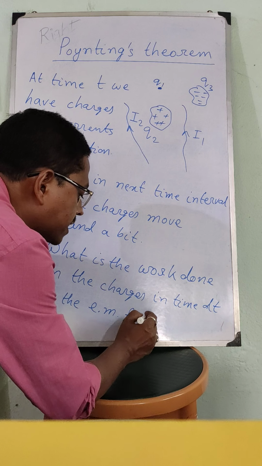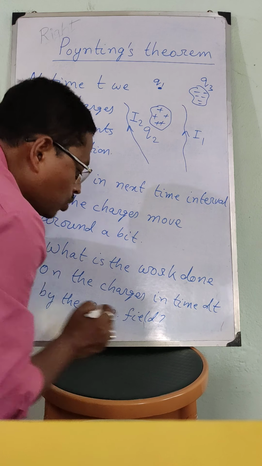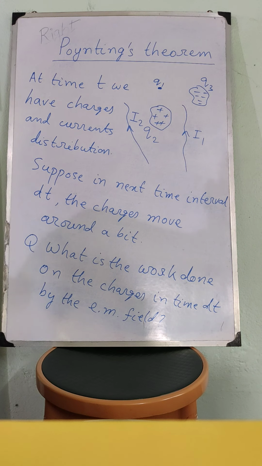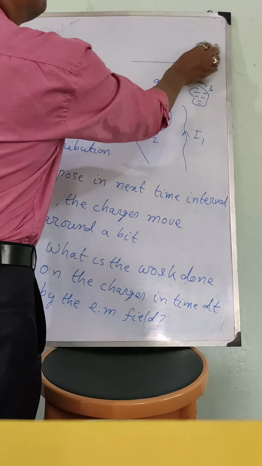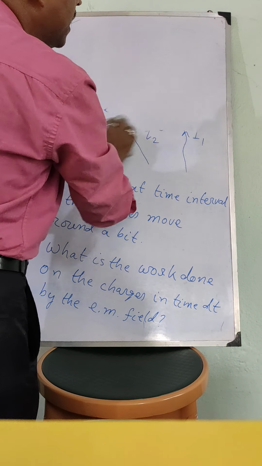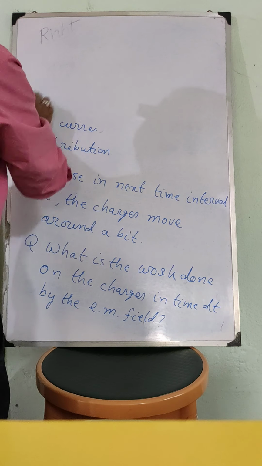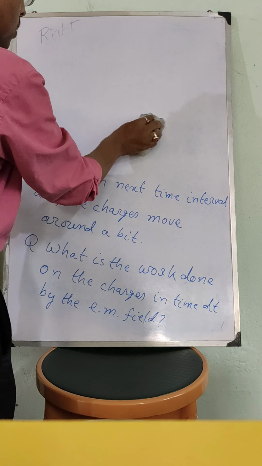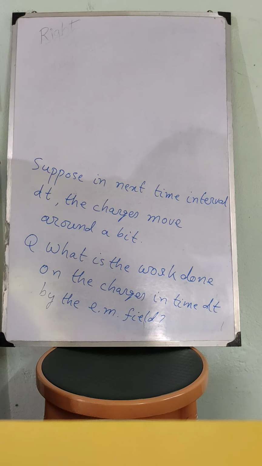This is our question. We will try to answer this question. Okay, so to answer this question, we need the force felt by a charge q in electromagnetic field. We need that expression of the force, that is called the Lorentz force.